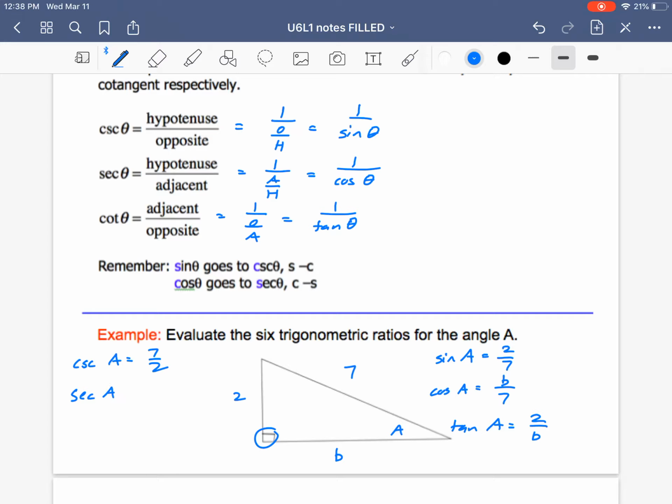Okay, secant of A, well, that's 1 over cosine, so that's 7 over B. And cotan A, well, that's 1 over tan, so that's B over 2. And just to double check, cotan is adjacent over opposite. Here's A, here's my adjacent side, here's my opposite. Yeah. All right.